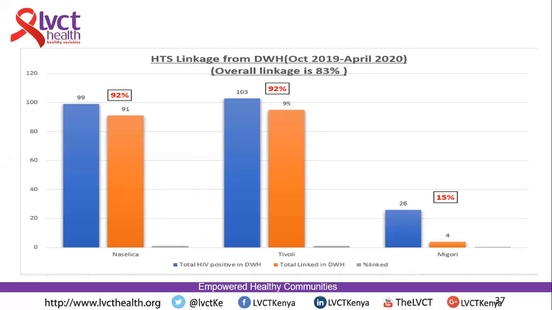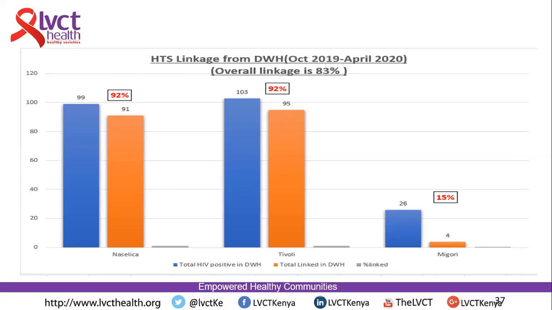So this is just data to compare the linkages that we have from the data warehouse from October to April 2020. From the first site, you can see they are doing 92% of their linkages. The second site is also at 92%, while the last site is doing 15%.